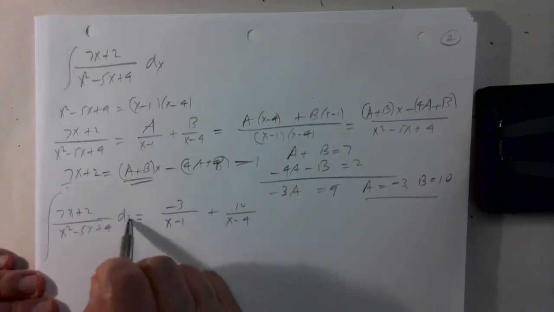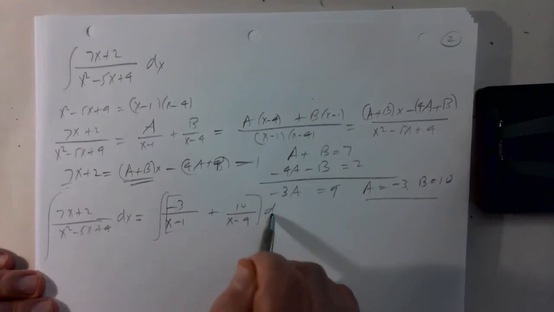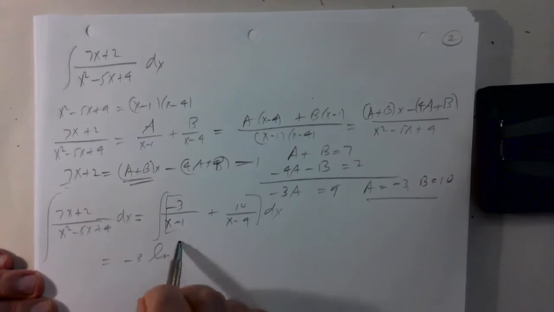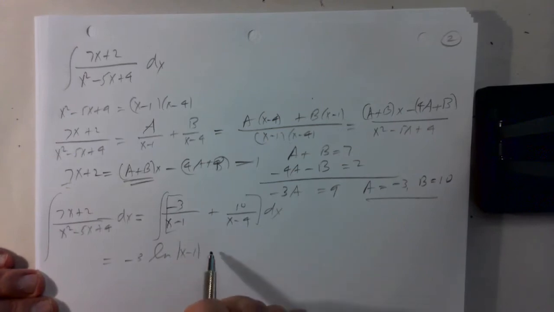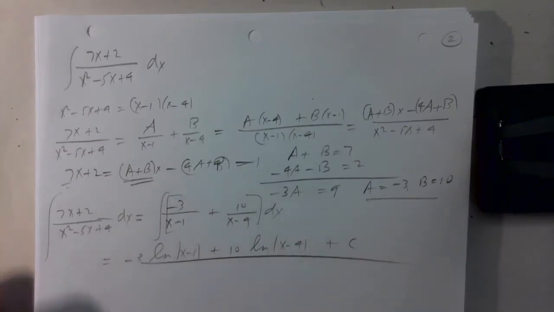So if we integrate with respect to x, the integral of this first term is minus 3 times the natural log of x minus 1, and the integral of the second term is 10 times the natural log of x minus 4. And we found the answer.